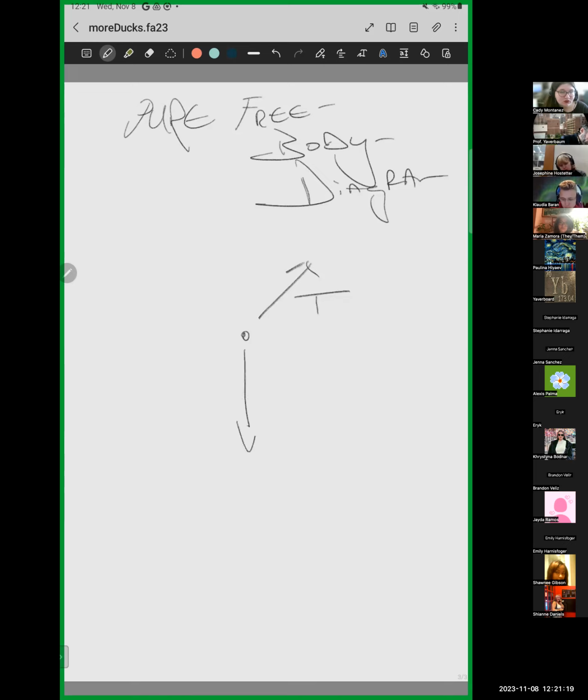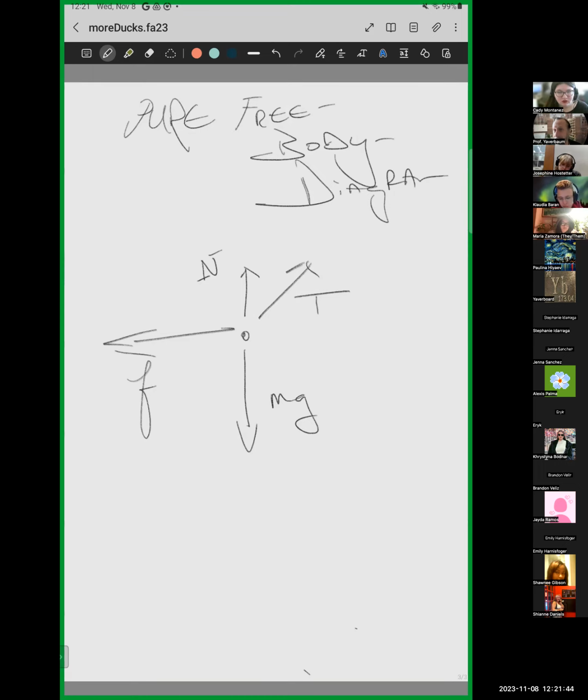The weight of the sled was pulling down. The friction from the ground onto the sled was pulling back on the sled. And we have a normal force up from the ground pushing up on the sled. That's the pure free body diagram. And that's where I think we left off, or that's the last conclusion that we came to.